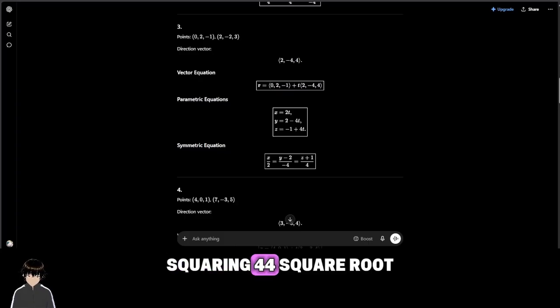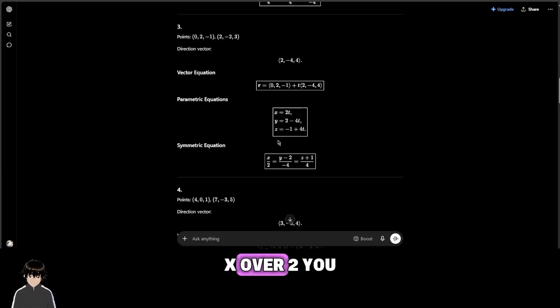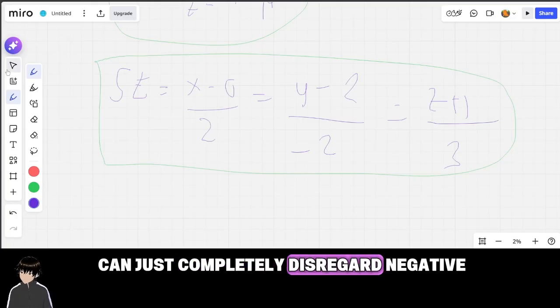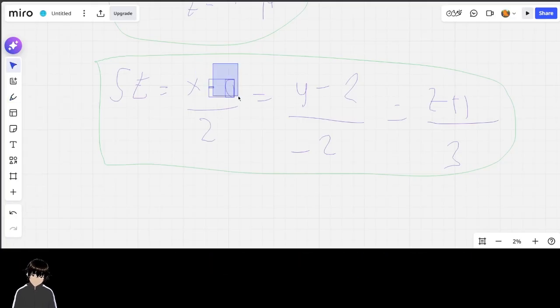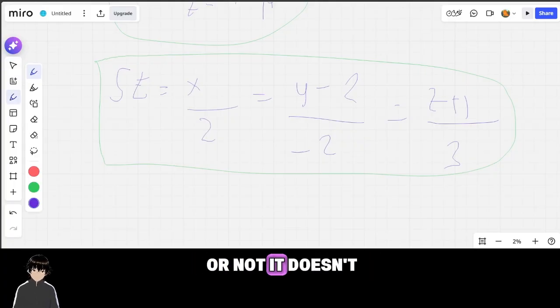So you just have x over 2. You can just completely disregard negative 0. Honestly, it doesn't even matter if you put it or not. It's still 0.